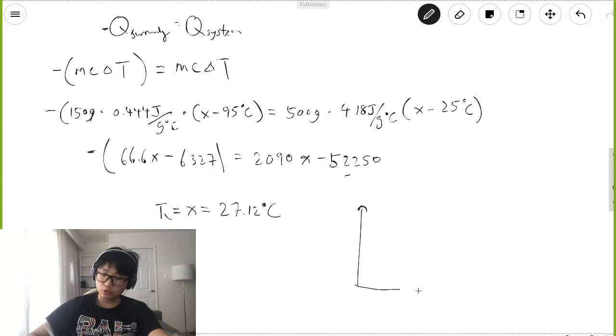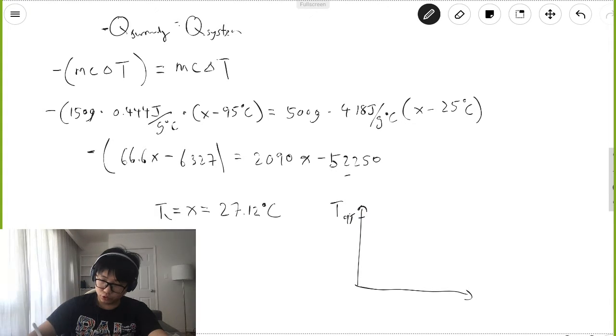If I were to graph that in terms of progression versus temperature, it will probably look something like this. That's the one that started at 95. We're going to see the initial rate, and you learned calculus, so you should know this. The initial rate of change of this temperature is going to be quite drastic. Then it's going to hit an asymptote at that final temperature.